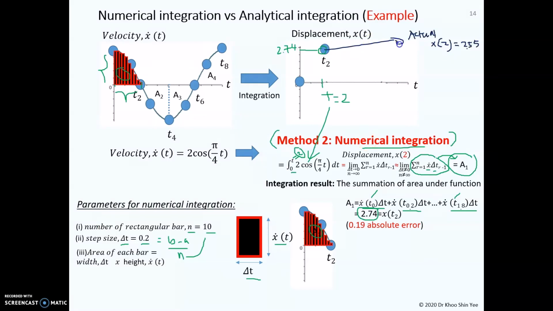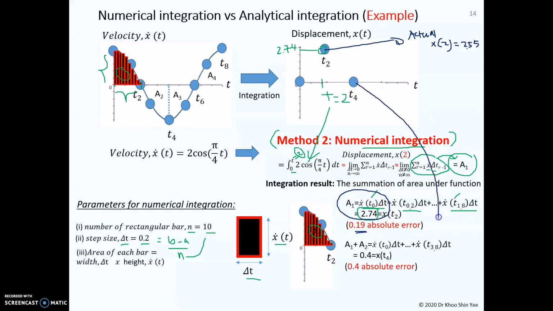Compared to the actual result that you obtained previously by using analytical integration, this numerical solution has around 0.19 absolute error. You can repeat the same procedure to find the displacement at t equal to 4 by using this numerical method. The numerical solution is 0.4, but the actual solution is equal to 0. Therefore, you have around 0.4 absolute error.